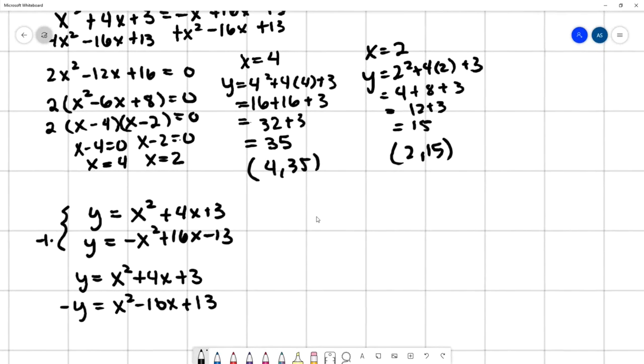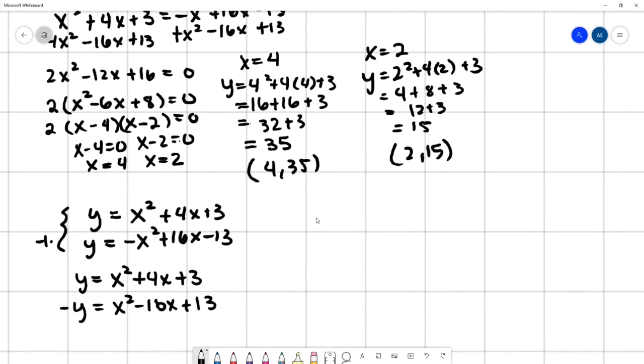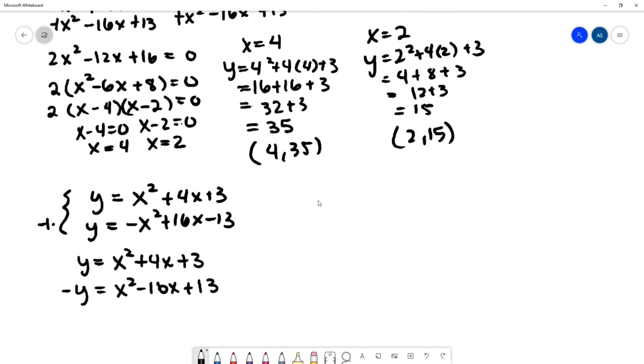So then we will add the equations together. Y minus y gives me 0 on the left. X squared plus x squared is 2x squared. 4x minus 16x is a negative 12x. And 3 plus 13 is 16.